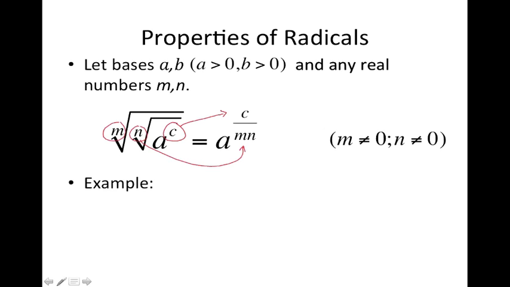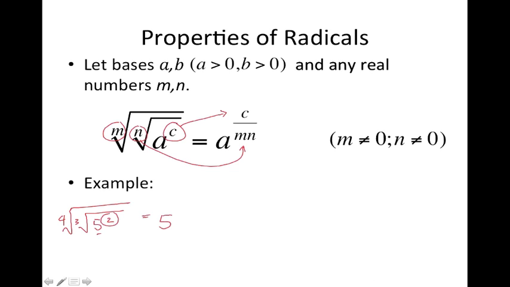So for example, let me try to choose small numbers so this doesn't get complicated. We're going to have the 4th root of the 3rd root of 5 squared. So our base is going to stay the same, that's 5.